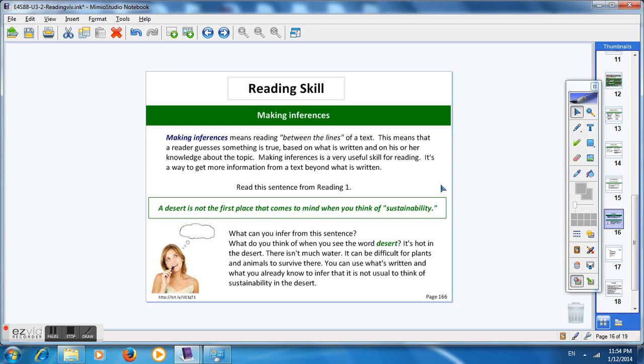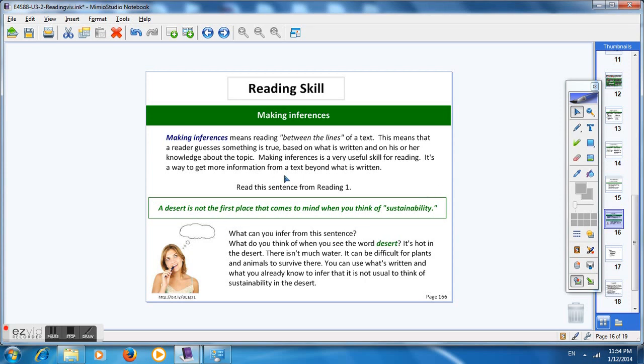So when we talk about making inferences, we deal with 2 things here. What is written, or what you read, and of course what you know about the topic. So it's not just about the understanding of what is written, but also of what you know about what you are reading about.